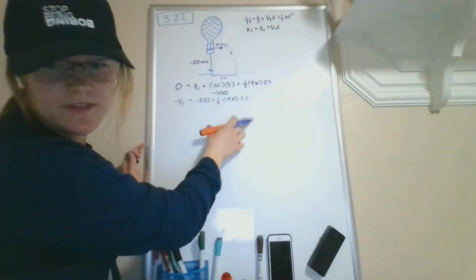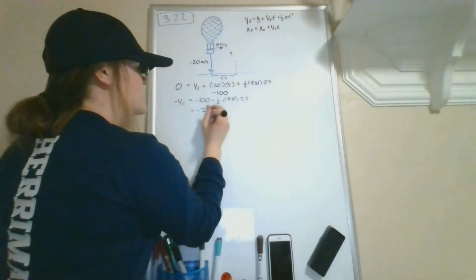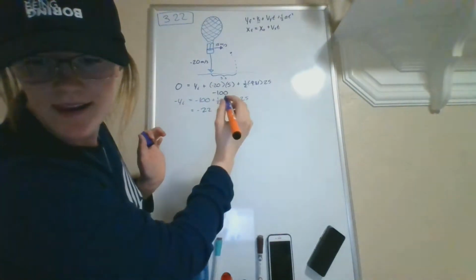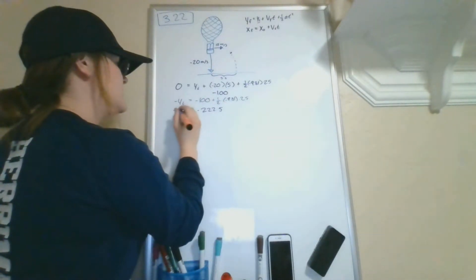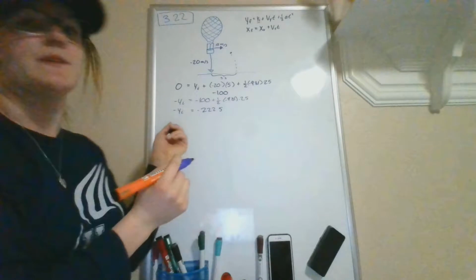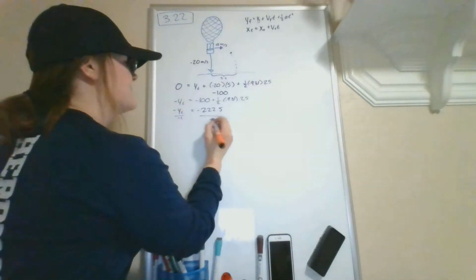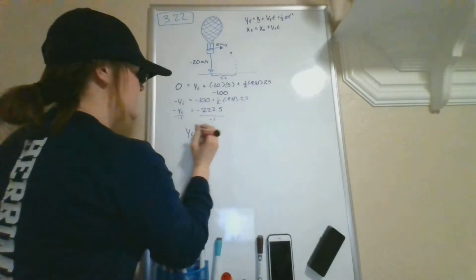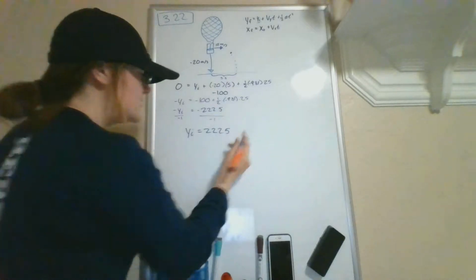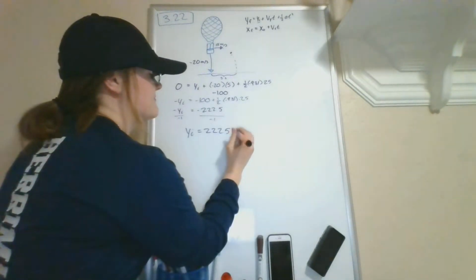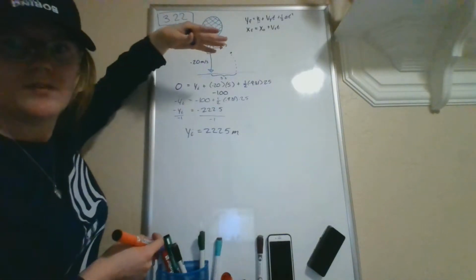And when we solve for this side, we get negative 222.5, and that's equal to negative the initial position of the balloon. So we divide by negative 1, and we find that our initial position of y is 222.5 meters in the air when the rock is thrown off of this balloon.